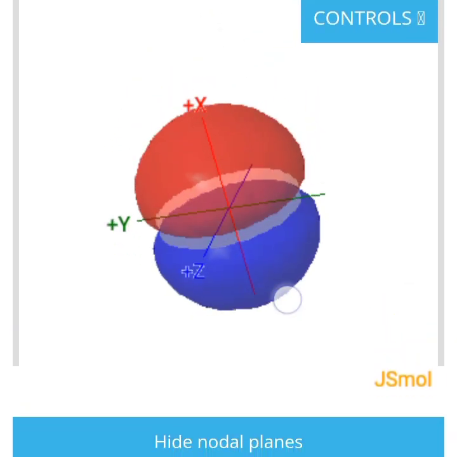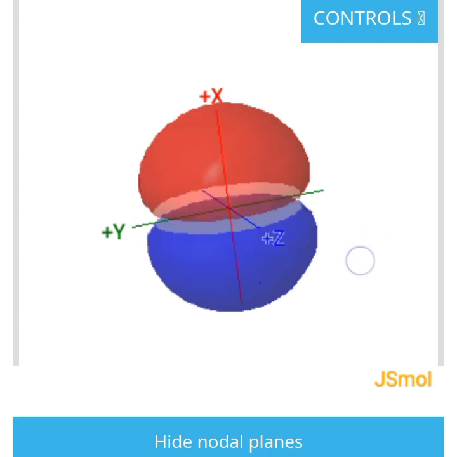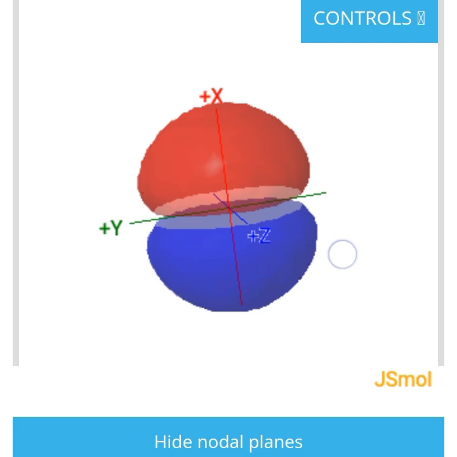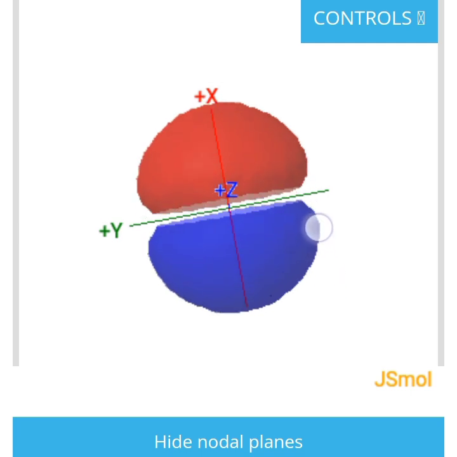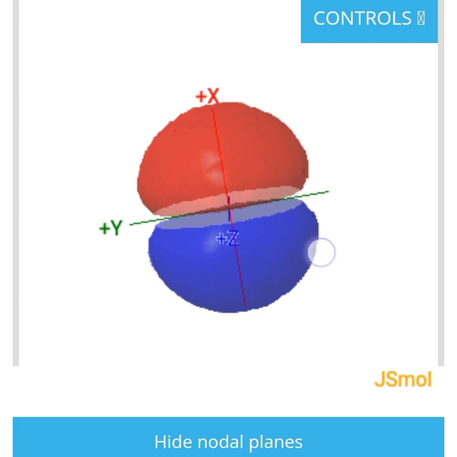Sorry, this is the p orbital. The distribution of this orbital is around the x direction, so this is called the px orbital.